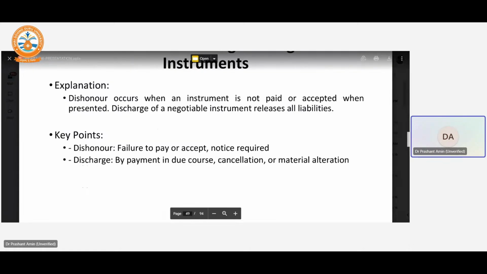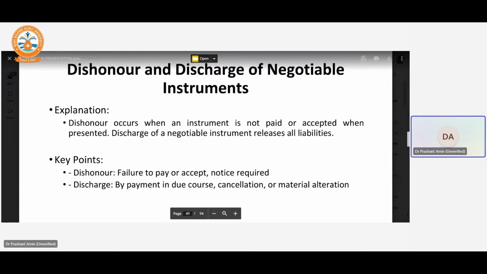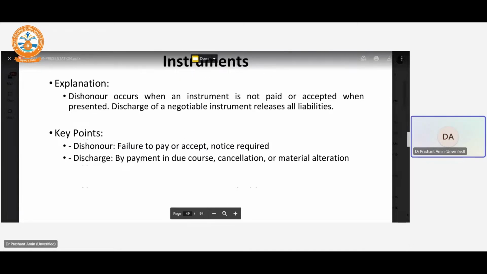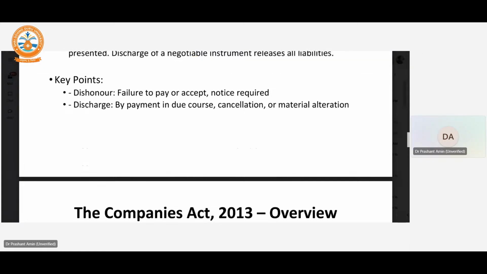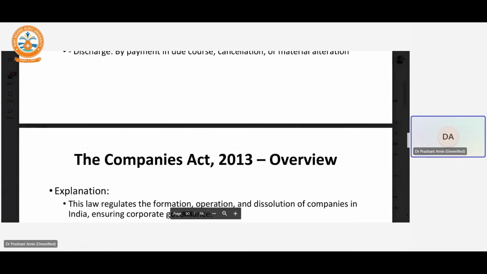Dishonor of the check means the check bounces and those kinds of things, and discharge means that particular instrument is no longer valid for certain reasons. So dishonor is a failure to pay or accept, for which notice is required, and discharge is by payment in due course, cancellation or material alteration. That is called discharge.